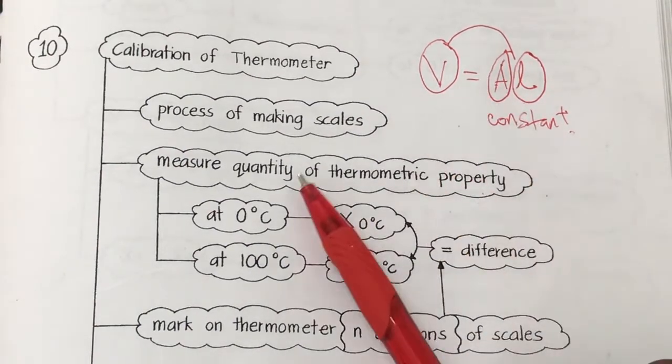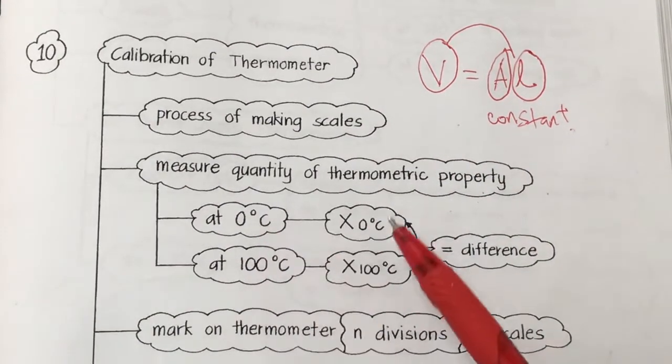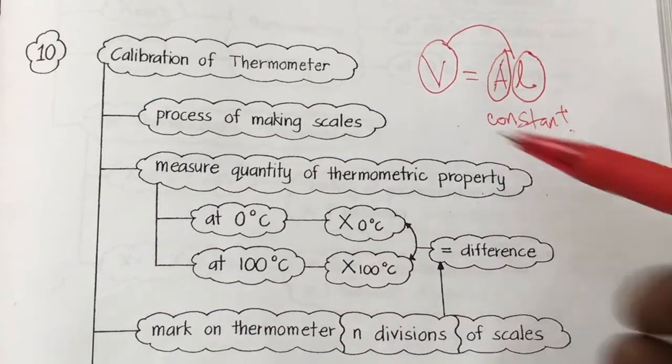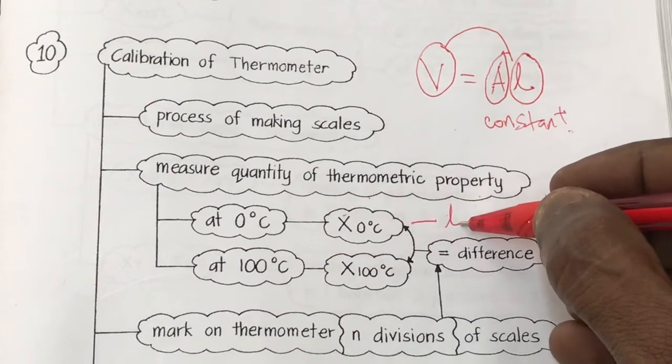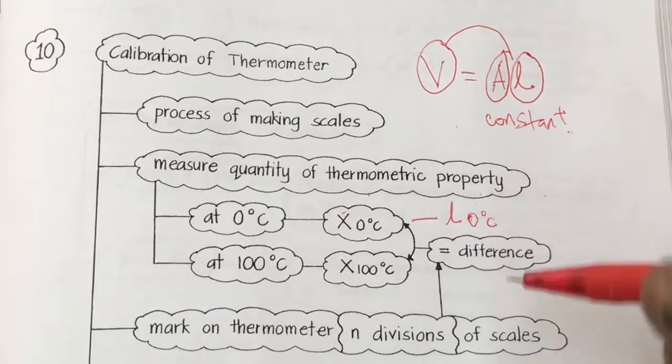We measure that length at 0 degrees Celsius, and we label it as X 0 degrees Celsius. So this X now means the length of the mercury at the temperature 0 degrees Celsius.